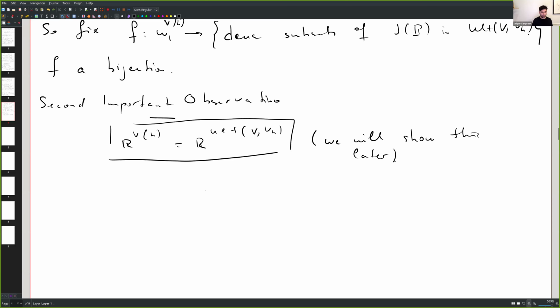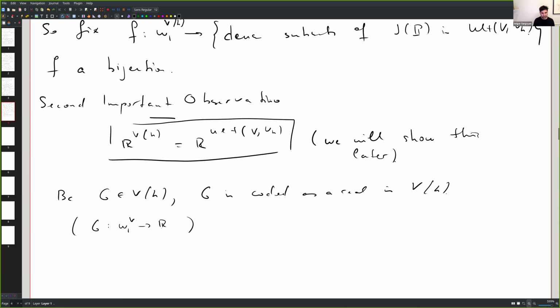And why is this important? Well, because G is in VH, G is coded as a real in VH, right? What is G? G is essentially a function from omega 1 of V into R, but we are collapsing this, so it's coded as a real.